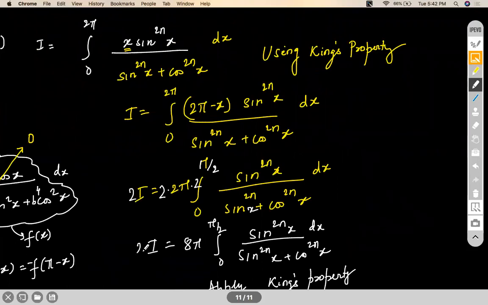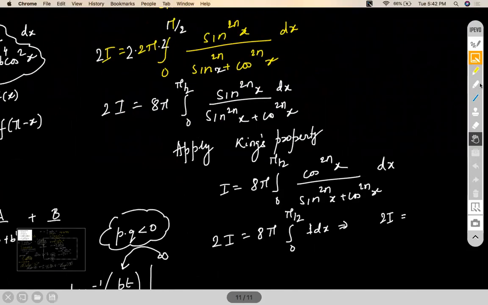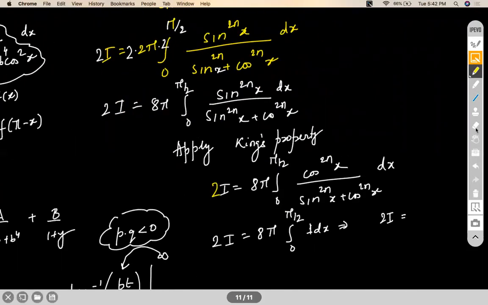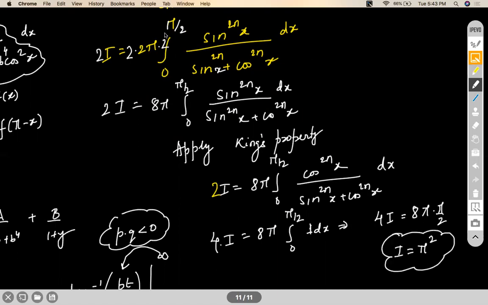So 2, 2, my God, this will become 2 and this will become a 4. So 4I will become 8 pi into pi by 2. That means I will become pi square. This is going to be your answer.